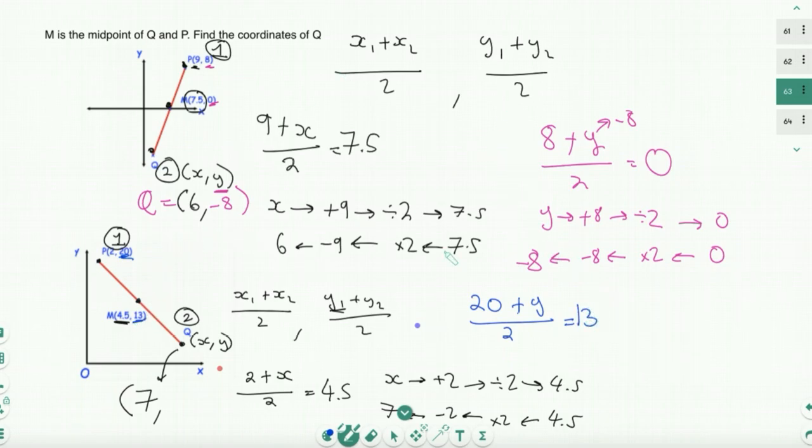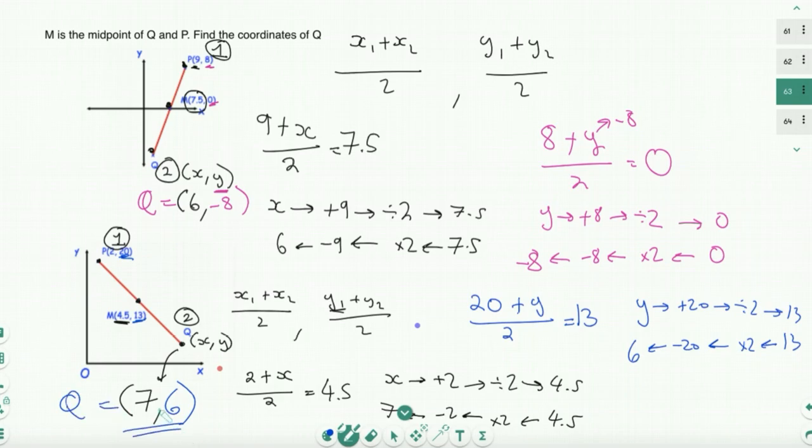This must be 13. And to solve this, to find y, we can use our function machine. So y is being added by 20, divided by 2, and then 13 is coming out. So let's just go backwards. 13 times 2, which is 26, minus 20 is 6. So y is 6. So coordinate Q is 7, 6.